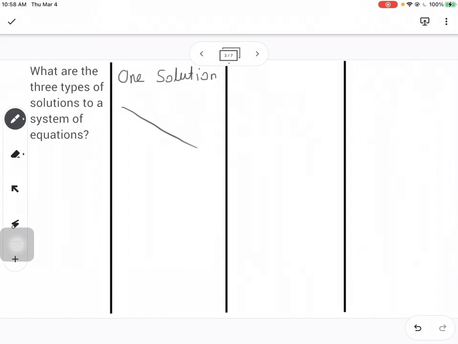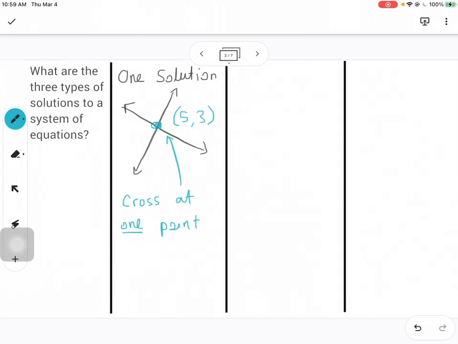That's when you have 2 lines that cross each other at only one point. So if they cross at one point, then you only have one solution.